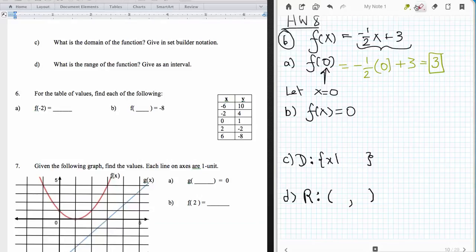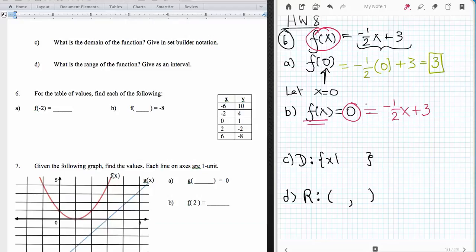Now the next thing that we're going to do is find when f of x is equal to 0. Now what that means is that we're going to let the function equal 0. So this thing is getting replaced by 0. That says 0 is equal to negative 1/2 x plus 3.